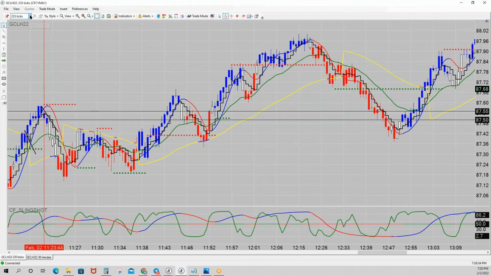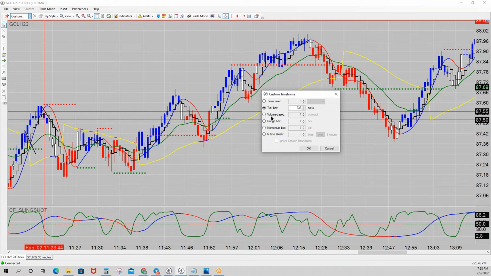So that's the difference between those bars and minute bars. You know when the minute bars are going to end. You don't know when a tick bar is going to end, and you don't know where it's going to end. At least with a minute bar, you know when it's going to end. If you look at other things like a volume-based bar, you could do a 5,000 contract bar.